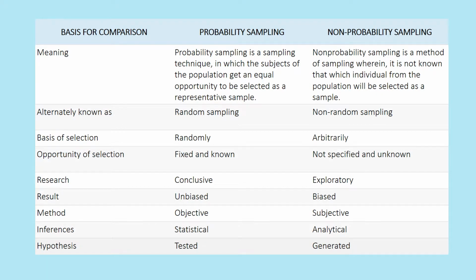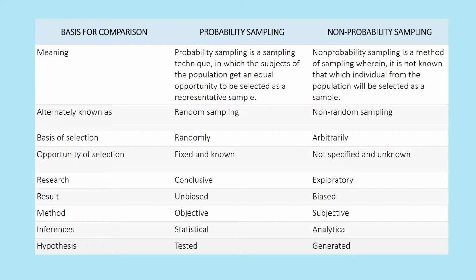In this chart, I want to highlight the comparisons between the two and point out the things that are most important. Drop down and look at research under basis for comparison. With probability, the research category is conclusive, it gives us an answer, which goes back to the experimental design.